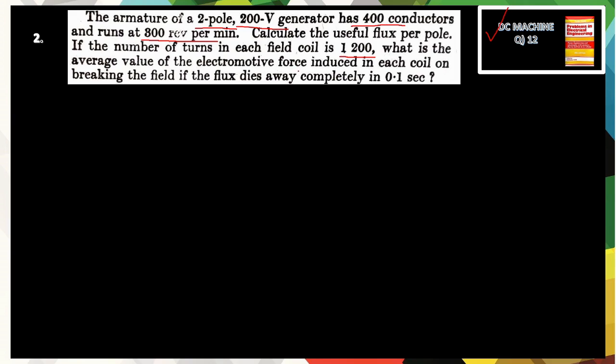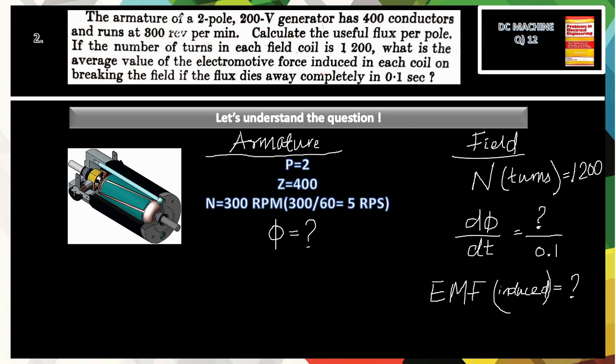So it has given the data for the armature circuit and the field circuit. Let's understand it more. For the armature, the poles are 2, the number of conductors is 400, and N is 300 rpm. If you convert it to revolutions per second, it will be 5.